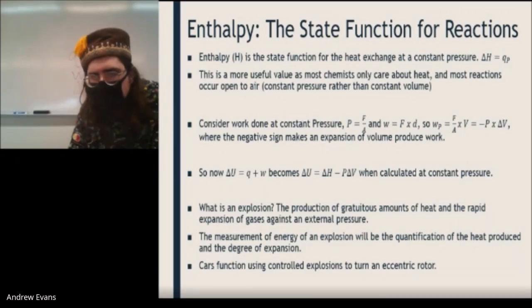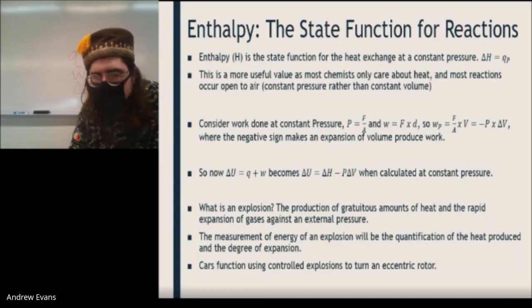And essentially we can say that work done under constant pressure is equal to negative pressure times the change in volume. The negative sign is there to make sure that the negative work has to do with expanding gases. It's trying to get the sign of work the same.